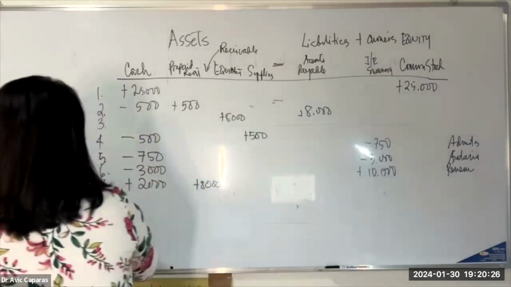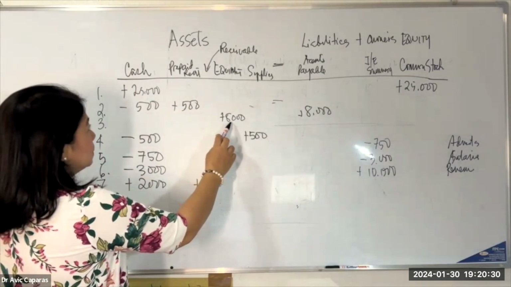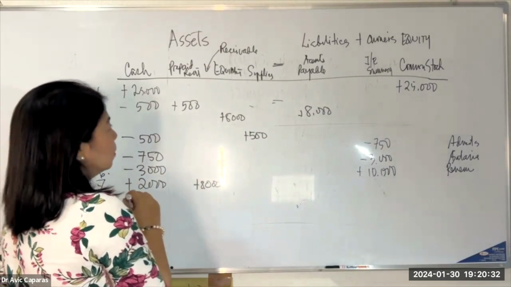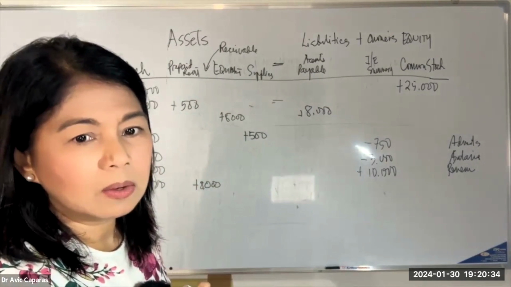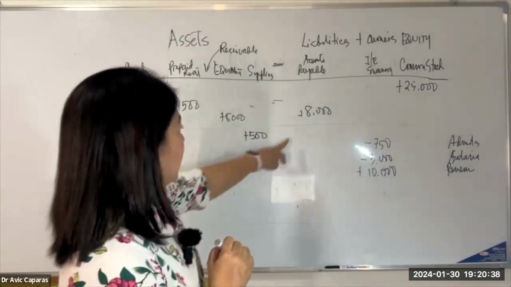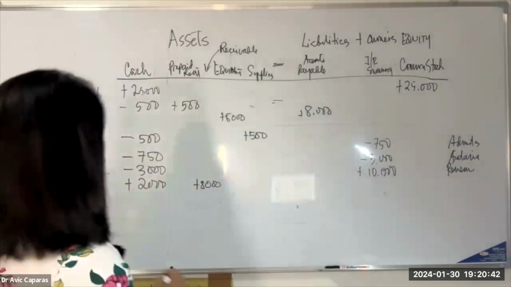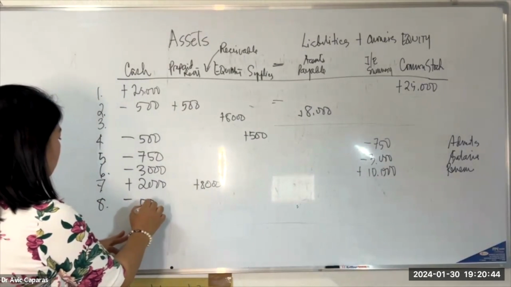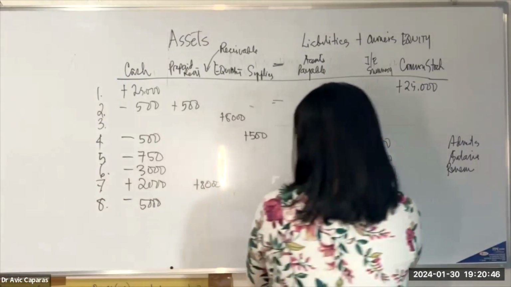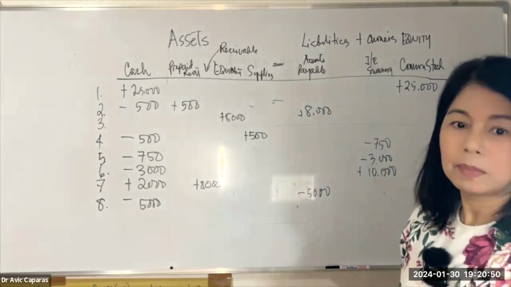So remember here, the one who gave us equipment, was that really 8,000, the equipment? Costing 8,000, was bought on credit. So there is a credit here of 8,000. We are going to pay 5,000 of that. So minus 5,000 and accounts payable minus 5,000. So we just owe 3,000.